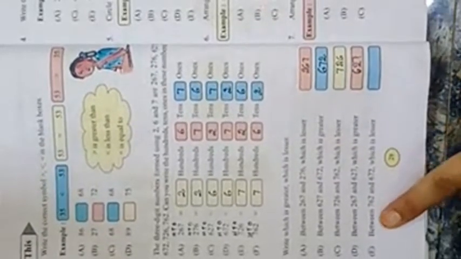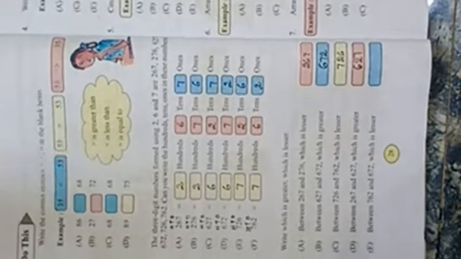Okay, children? Now you have to answer this question, children. Between 762 and 672, which is lesser? Lesser means smaller number. Okay, children, this is the question.